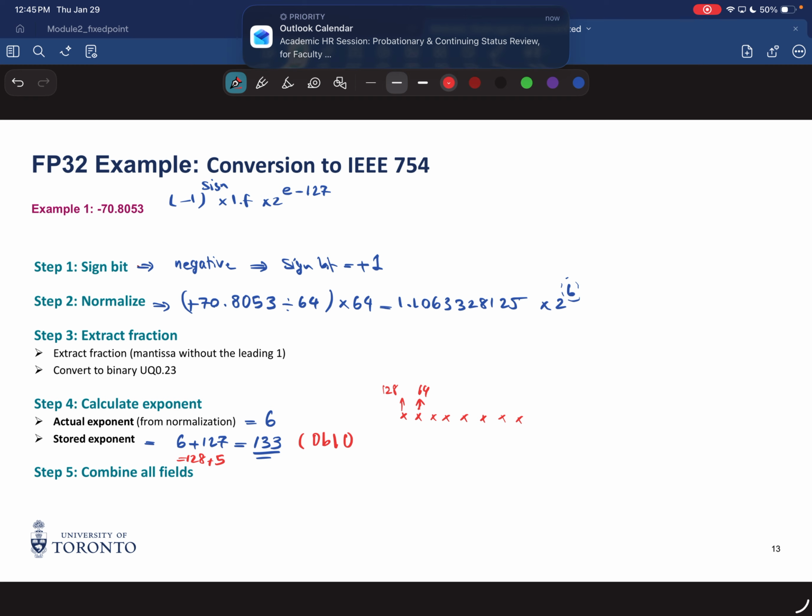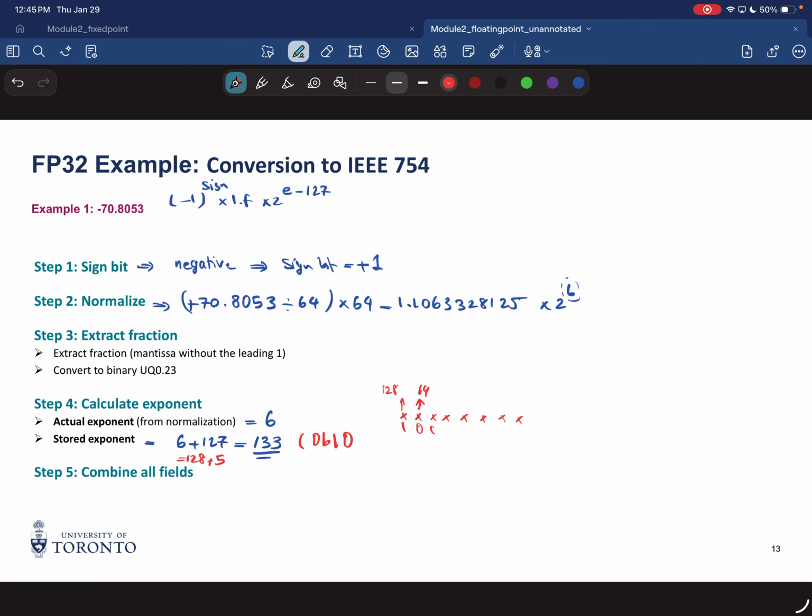So that's 1, 0, 0, 0, 0, 1, 0, 1. That's 133 basically, as an unsigned integer. Okay, perfect. We got the sign bit, we got the exponent bit, so I'm gonna write them here. This is the sign bit, this is the exponent bits.